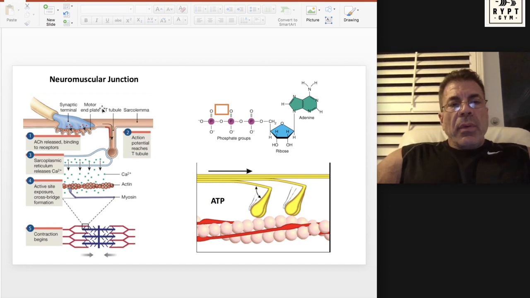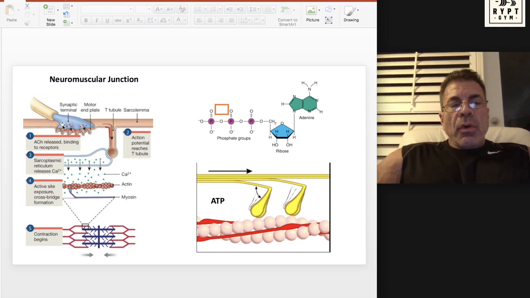In order to do that, we have to have a signal go from the brain through the spinal cord and through individual nerves. They innervate the muscle. This innervation is called the neuromuscular junction, and the actual site of contact is what we call the synapse. So the nerve has to talk to the muscle, and it's a chemical language.